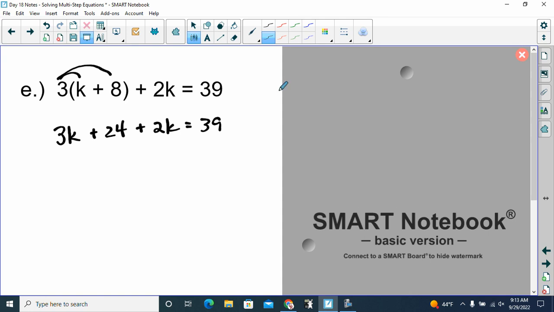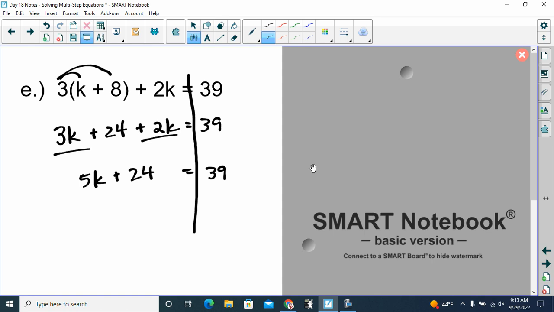Step 2 says combine like terms. We are combining any like terms that are on the same side of the equal sign. I've got 3k plus 2k. That makes 5k. Everything else gets copied down. And now we have a two-step equation. 5k plus 24 equals 39.